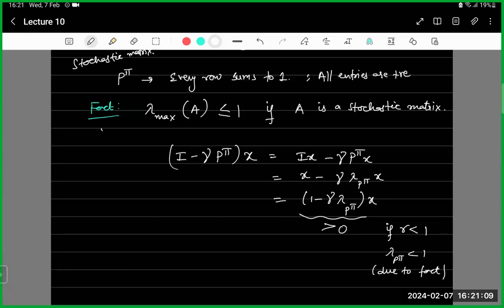So for every lambda P pi is less than 1, right? So what is the question now? I'm just telling that any eigenvalue of this matrix is positive. P pi is a stochastic matrix, so any lambda P pi is less than 1.